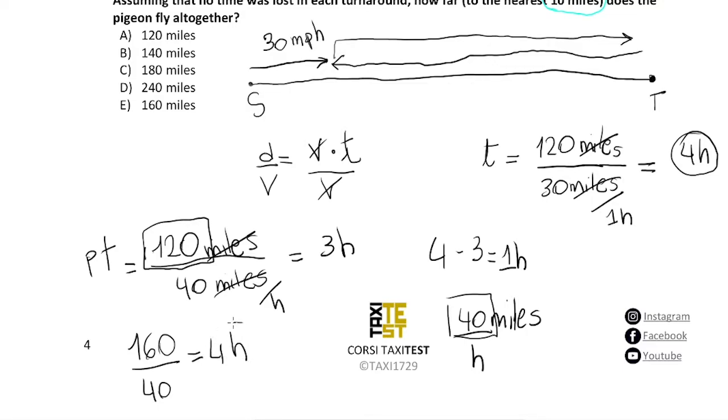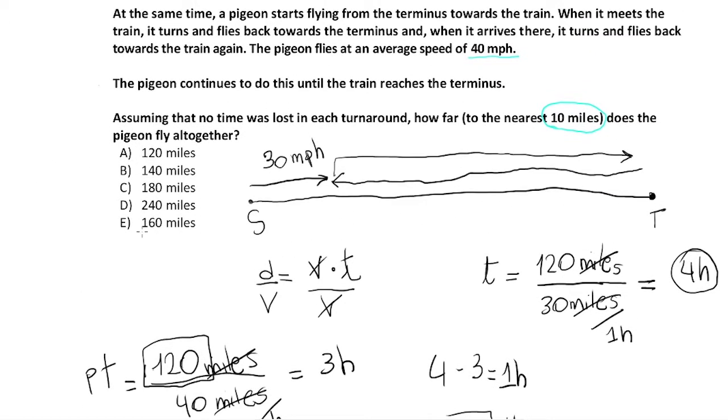So we can see that our pigeon travels 160 miles in total. So our final solution is letter E in this case. So I will do this way. It is letter E.